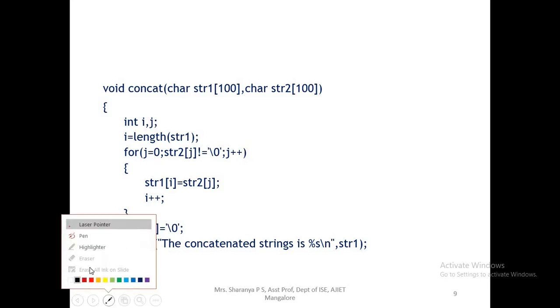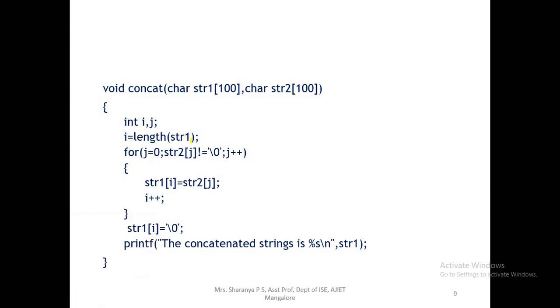So here, with each j value, i is pointed to the end of, say for example, this is one string, and here a b, this is another string. Now our i is pointing to the length, so this is where i is pointed.